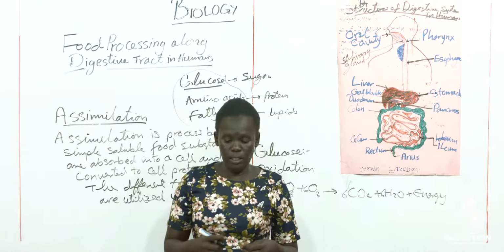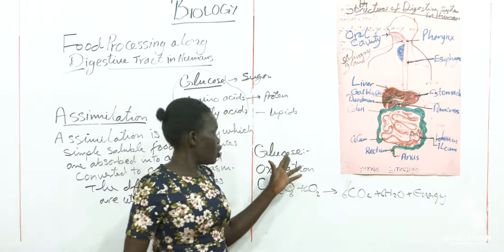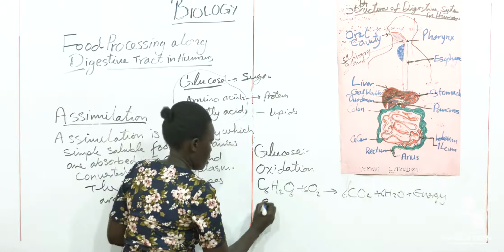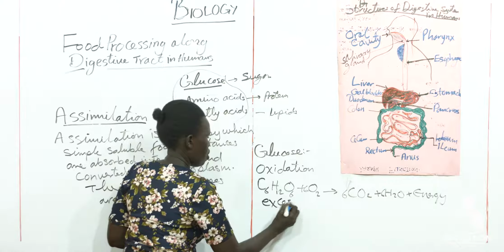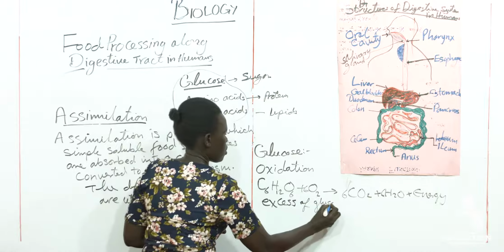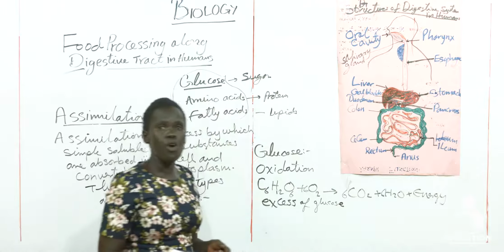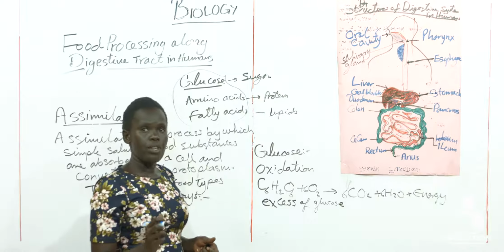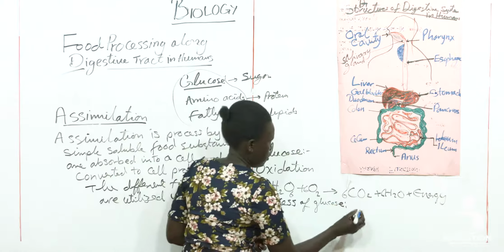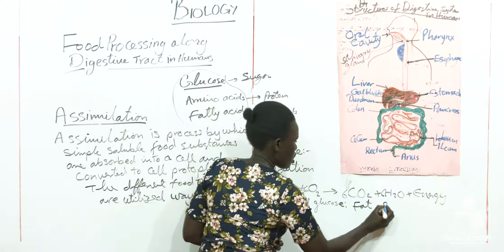Then after the body has taken enough from this nutrient, the excess glucose will be converted into fats or glycogen.